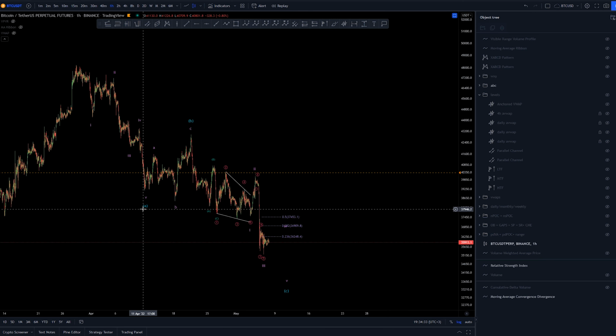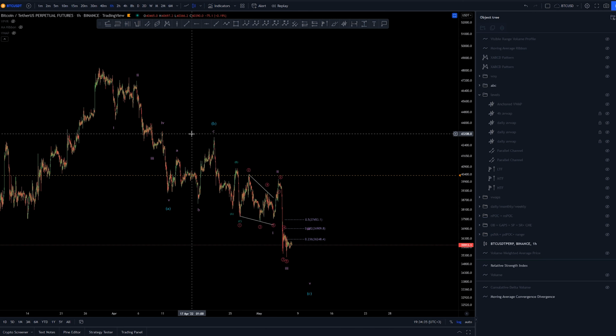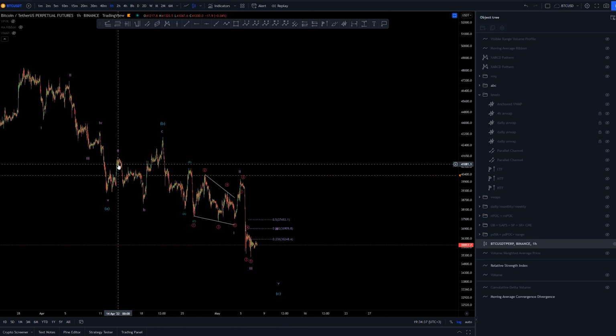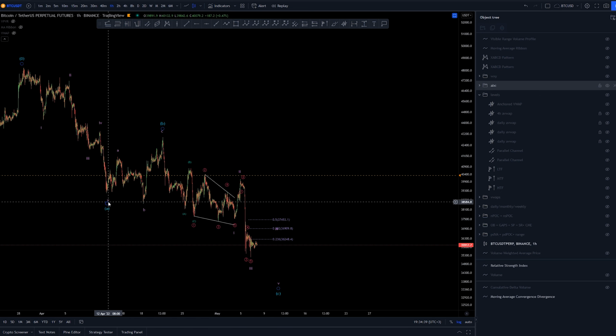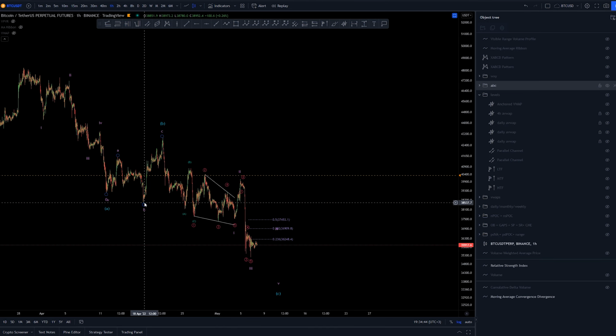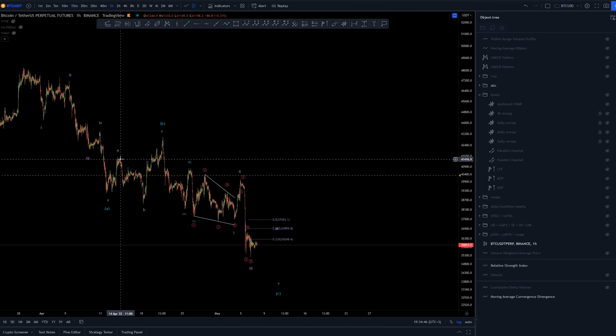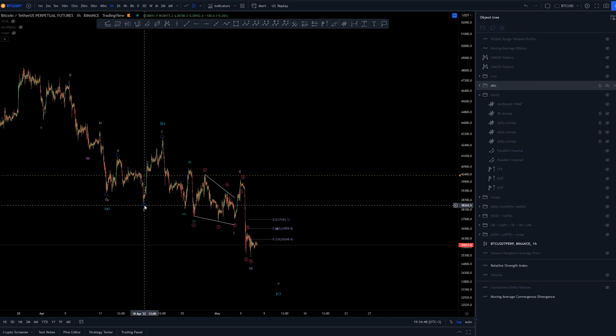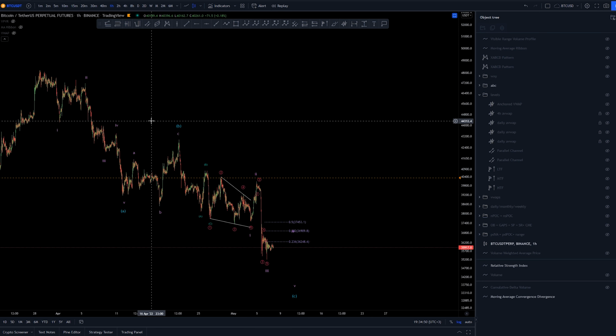Now I've talked about this quite a few times saying that we could have ended stuff here or here. Saying again, ending something here would have required this to be a 5-way move, even though it looks so much like a 3-way move.